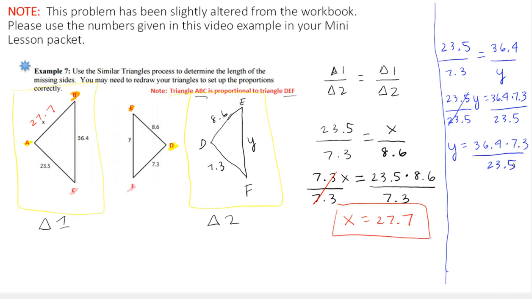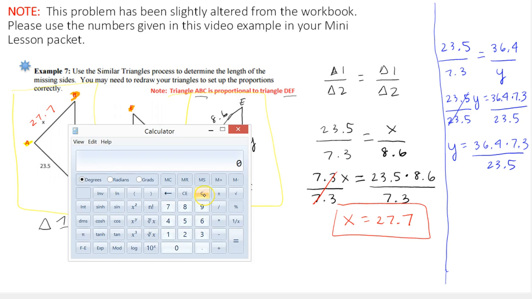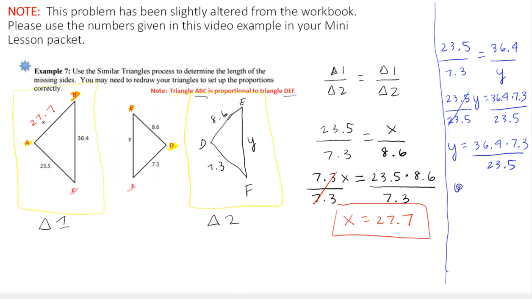Now let's use the calculator to approximate this. So we have 36.4 times 7.3 divided by 23.5. And we get approximately, I'll use the tenths place again, that's 0, so 11.3. Y equals 11.3. And I'm going to box that answer, and I'm going to put that right here. So now we found both of the missing sides of the triangles.